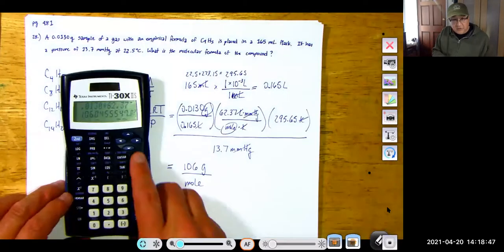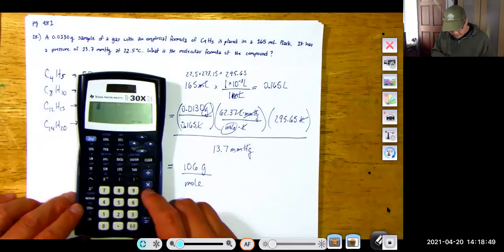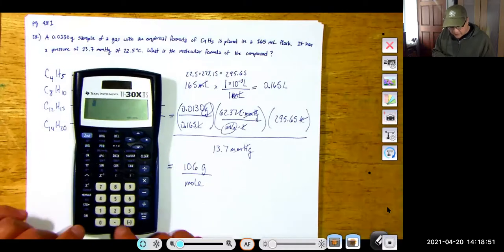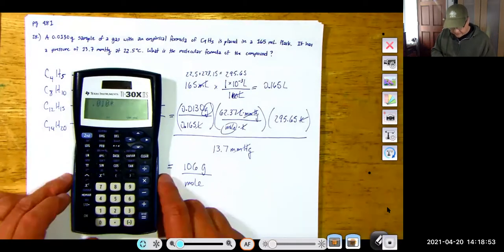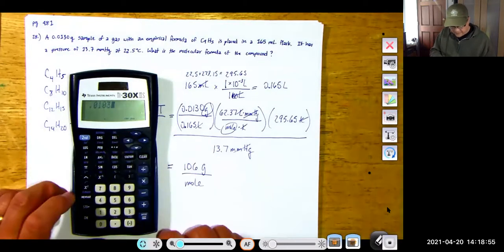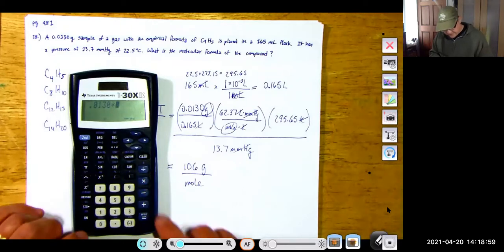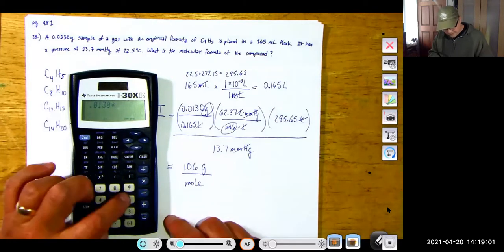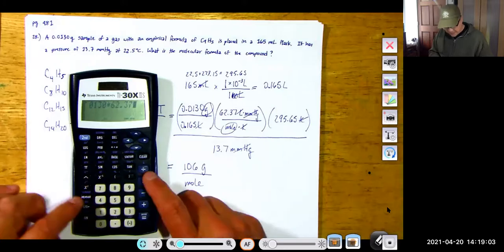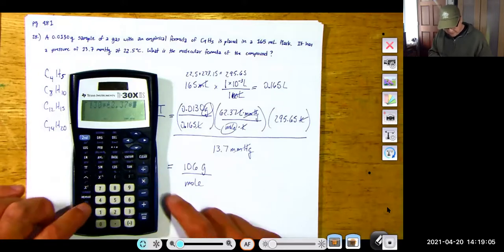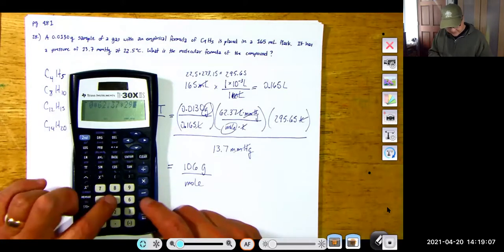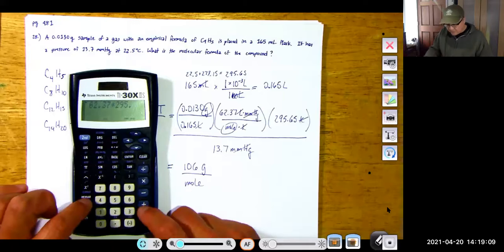So I'm not sure if you can see my calculator. I did the 0.0130 times 62.37 times 295.65. So that's all these things multiplied.